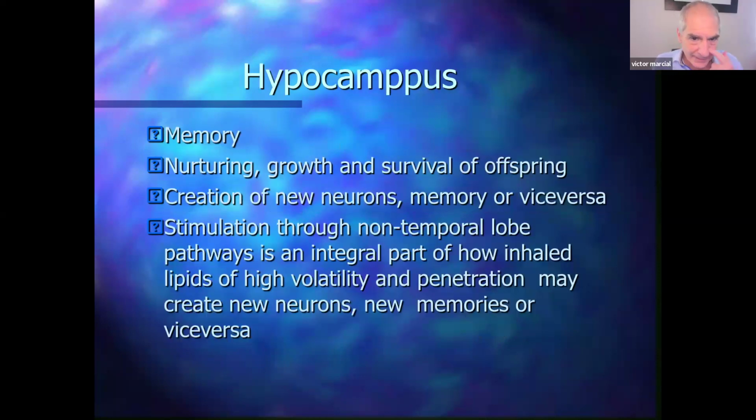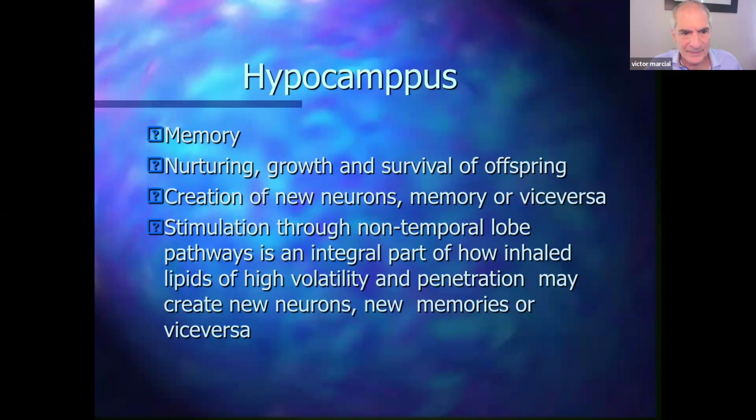Again, it acts by stimulating areas of the hippocampus that promote memory, nurturing, growth, and survival characteristics of an individual. It may promote creation of new neurons and memory, not only by decreasing stress, but also by promoting anti-inflammation and, with unknown mechanisms, replication and regeneration of neurons.